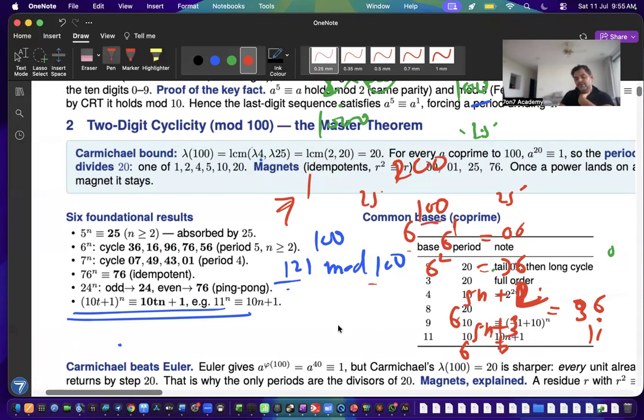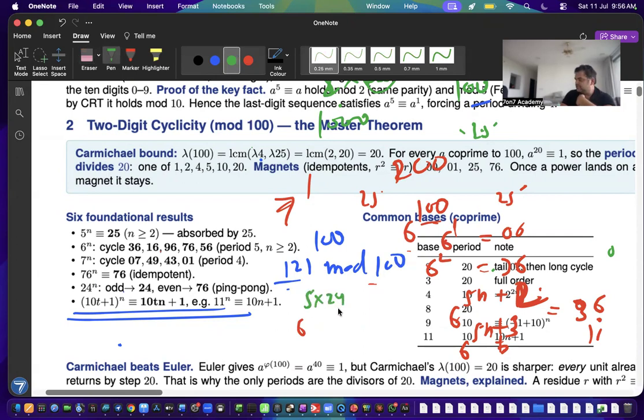So 100 is 6 raised to 5n. If you want the last two digits, you can write it as 6 raised to 49. Okay, with 5, what will come? 5 into 24 will give 100. 5 into 24 is 100.